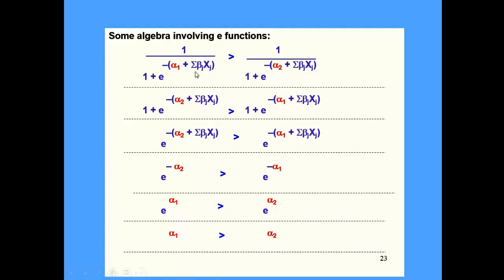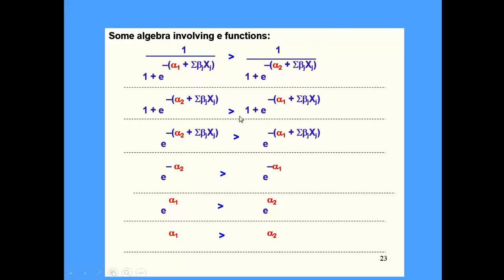I've inverted this. This is 1 over something, and this is 1 over something, and I just looked at the denominators. If 1 over this denominator is greater than 1 over that denominator, then this denominator has to be smaller than that denominator. We'd have to switch the 2 with the 1. That's just algebra, which you knew before you got into the MPH program. Maybe, I don't know.